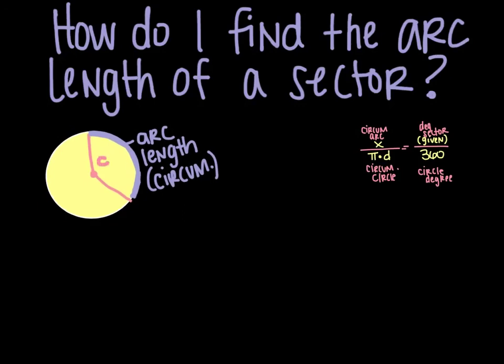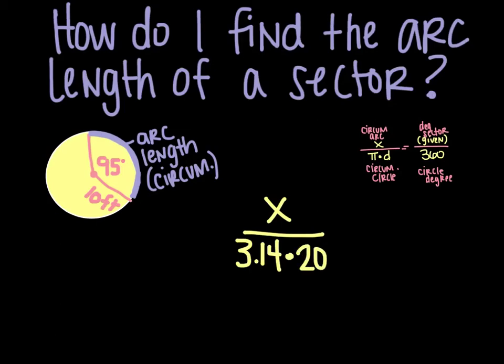And I'm going to use the same exact circle, so 95 degrees, and the radius was 10 feet. So here we go. Circumference of your arc, that's x. Pi is 3.14 times diameter. Now remember, radius was 10, so diameter is 20, because diameter is all the way across, equals degree of my sector, which was 95, out of 360.